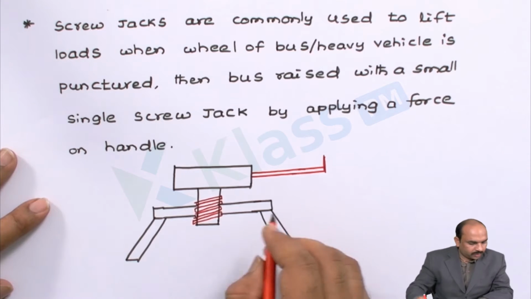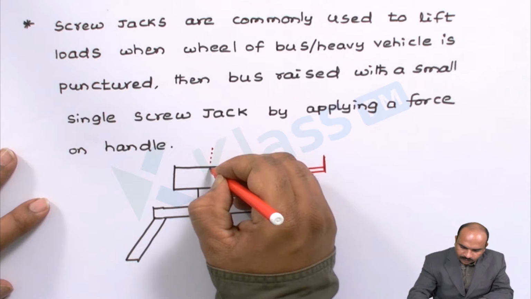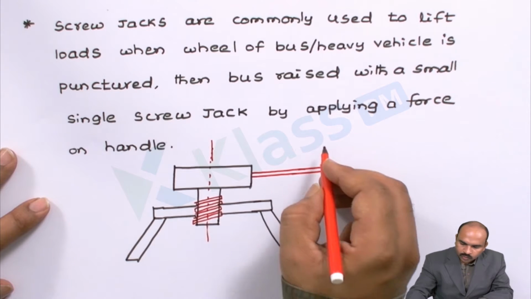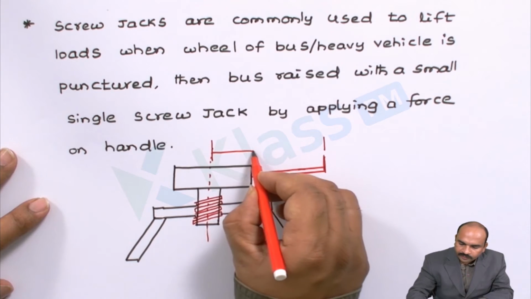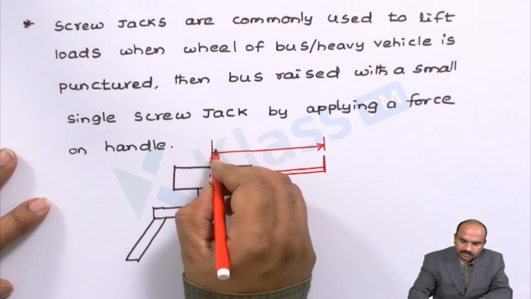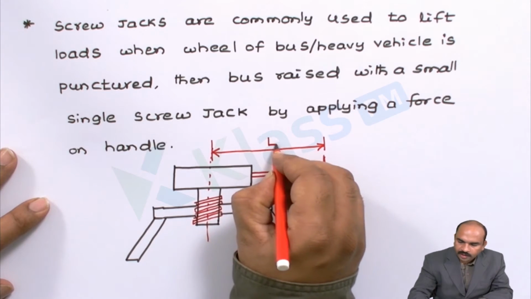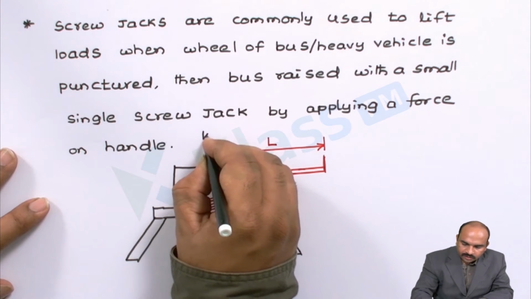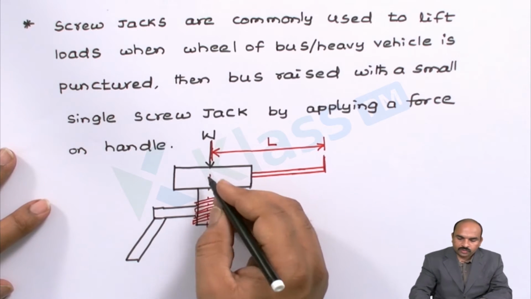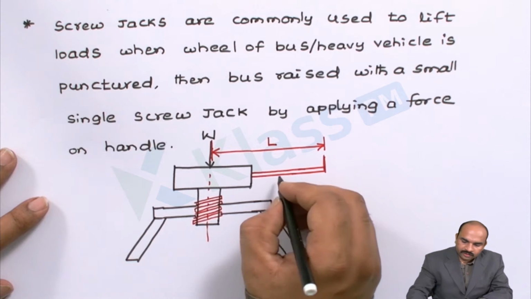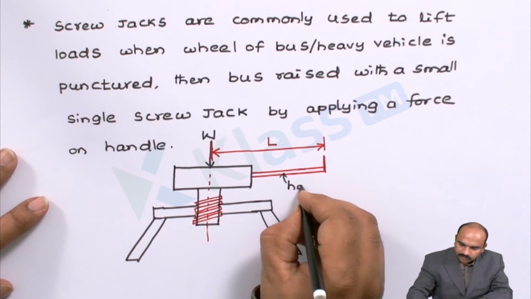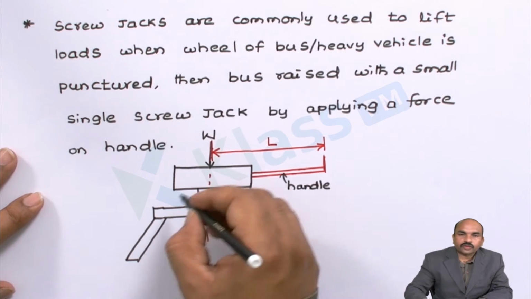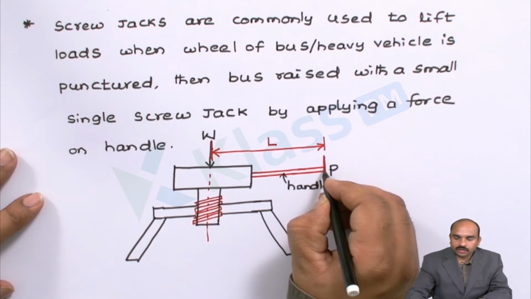From the center of the screw, this is the axis of the screw, up to the end of the handle, this is L. We know the weight of the vehicle will be acting on the screw jack in this direction. This handle is rotated by applying force P on it.